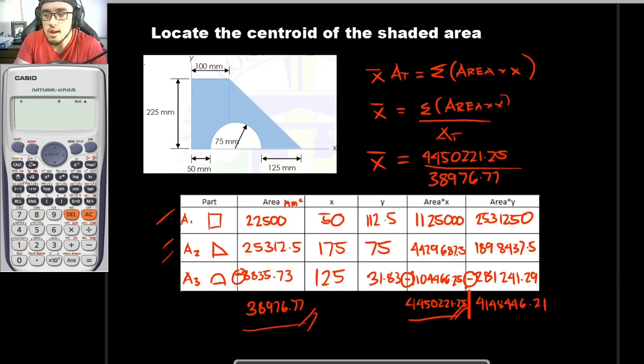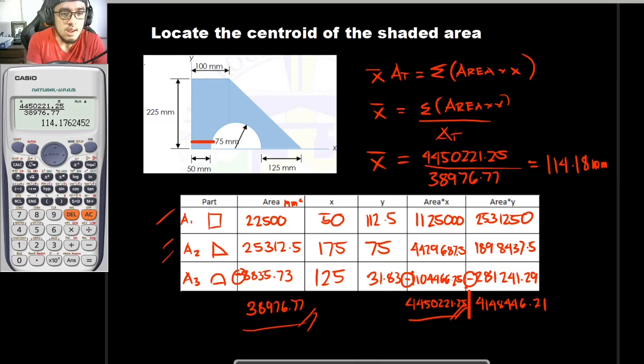Solving it with our calculator, our answer for bar x is equal to 114.18 mm. So along this axis, the centroid of our figure is located approximately here.